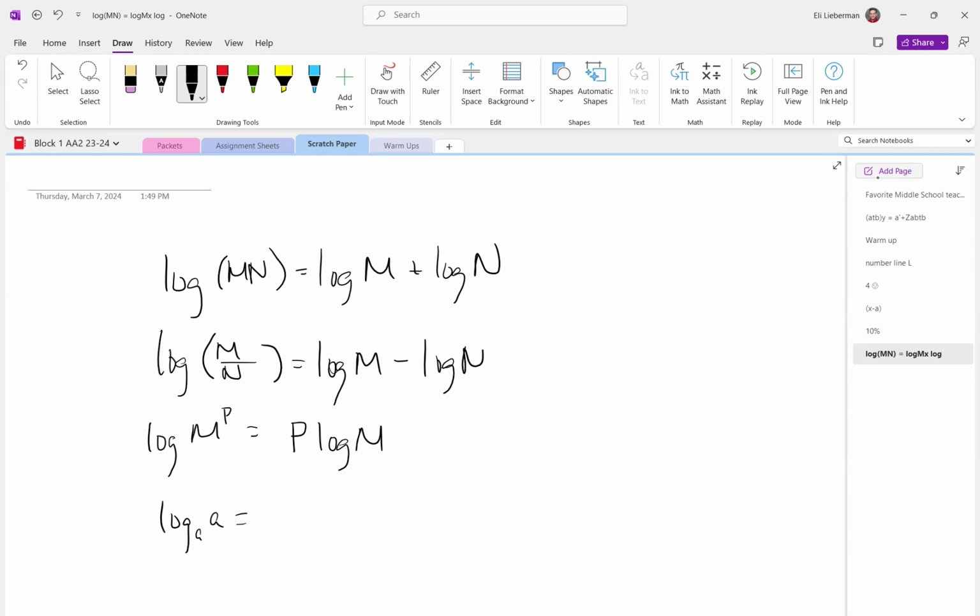If it's that, and then it's a to a certain number, then it's just. It's the M, you can choose the base.